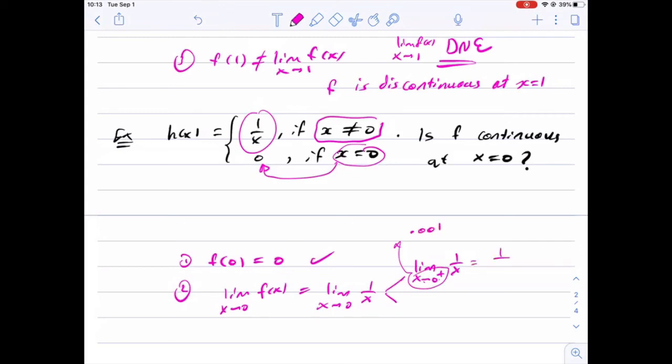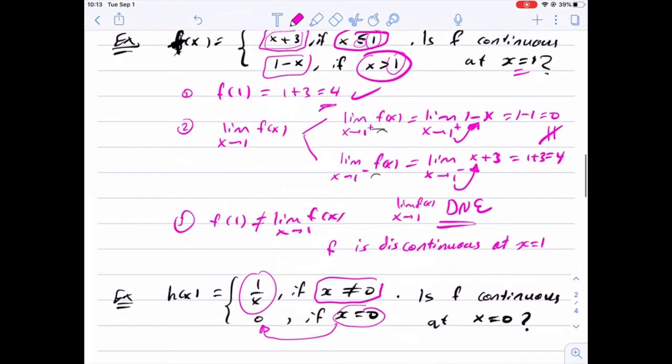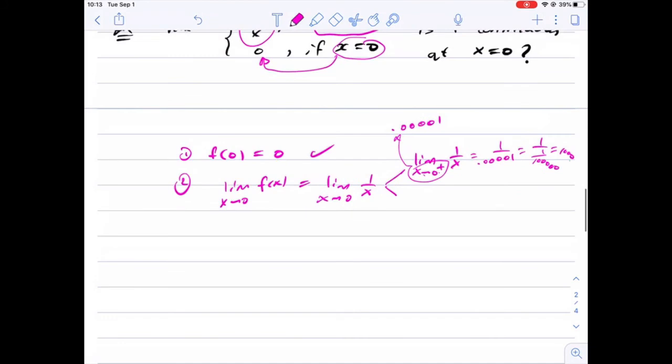You get 1 over 0.001, which is 1 over 1 over 1000, and then flipping the denominator, you get 1000. If you add more zeros here, you get more zeros there, so what happens to the value of the function? It gets bigger and bigger, so that means it goes to plus infinity.